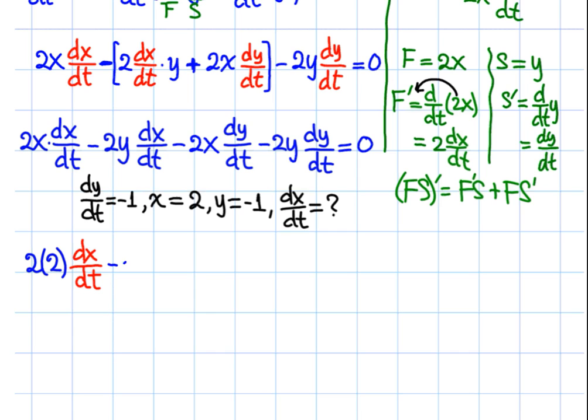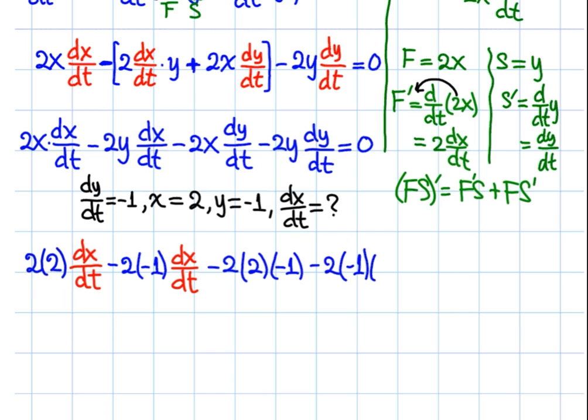Minus 2y, y is -1, dx over dt, which we don't know, minus 2x, 2 times 2, dy over dt, -1, minus 2y, y is -1, dy dt, also -1. All that equal to 0.